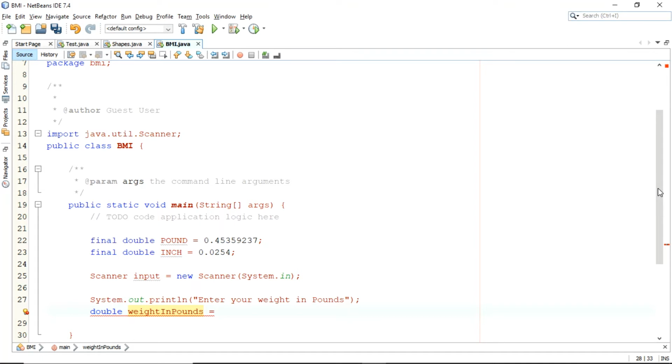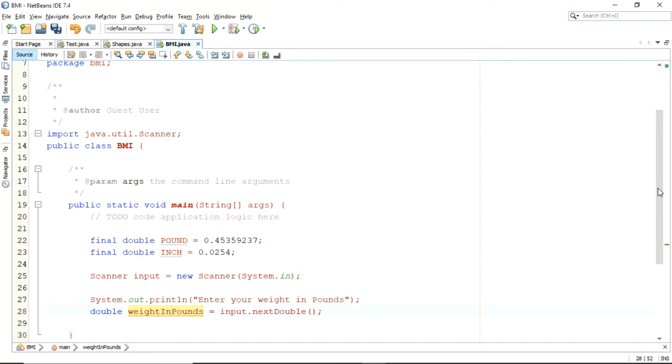And this we are going to call our object, which is input, then dot that method, which is nextDouble. So this should be in position to pick the value entered by the user and then store it in the variable weightInPounds.